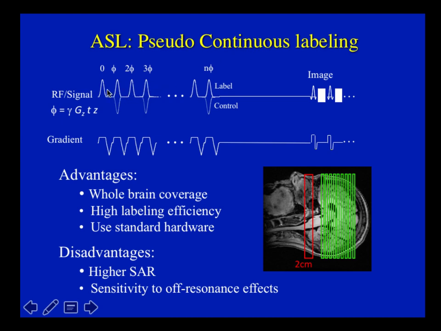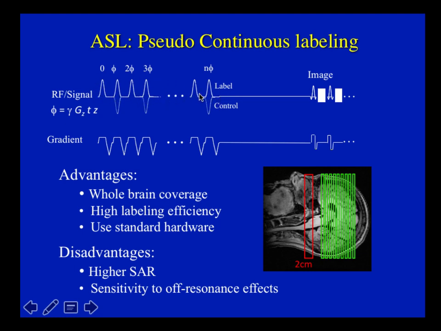Rather than having a radio frequency pulse constant throughout the labeling period as in continuous ASL, in the pseudo-continuous ASL experiment we break that RF pulse into small individual pulses. So instead of one long pulse, we apply a train of small RF pulses for the same amount of time.